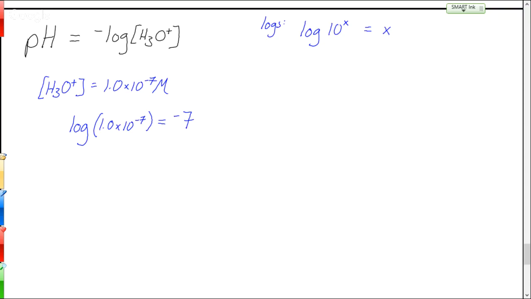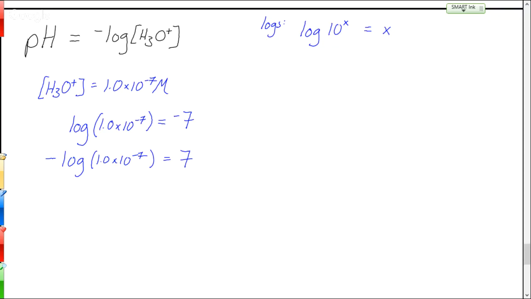Then to get the pH, we take the negative of that log, which is just flipping the sign, because the negative of a negative is a positive. So think about what we just did there.